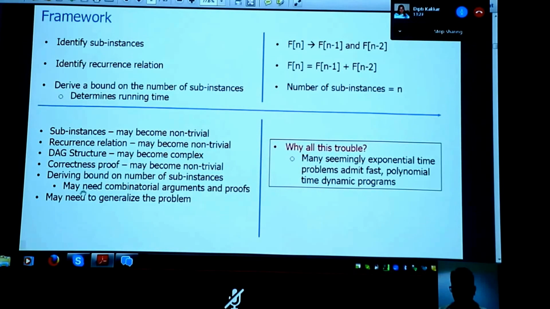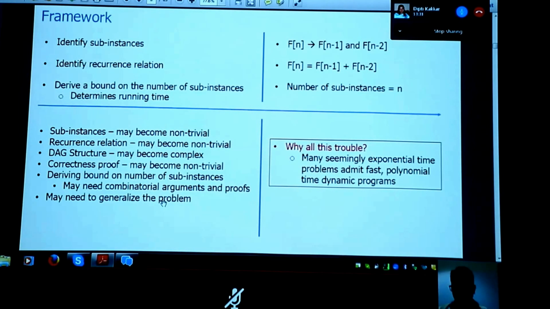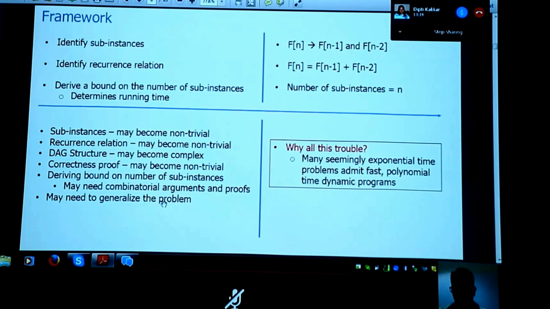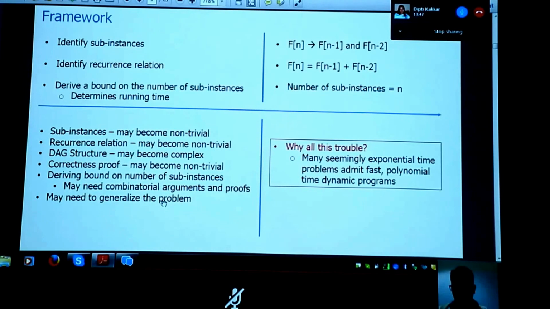And then there is the final and most interesting one: you may need to generalize your problem. You may not be able to write a dynamic program for the original problem. You may want to slightly generalize or tweak it, and write the dynamic program for the tweaked version, while ensuring that I can get answers to my original problem from the tweaked problem.